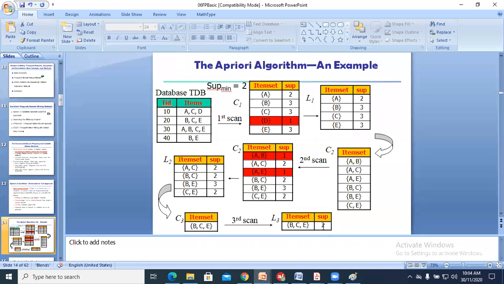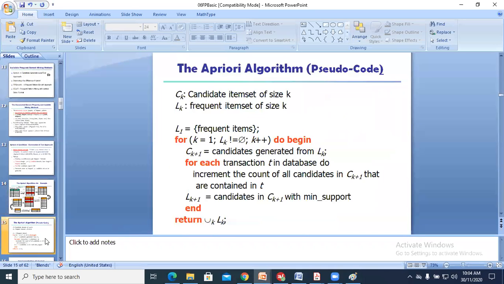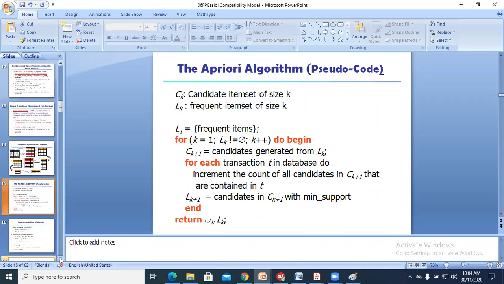But in fact, we have to see the problem with the apriori algorithm.